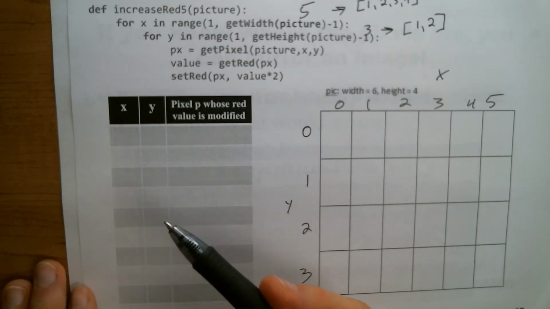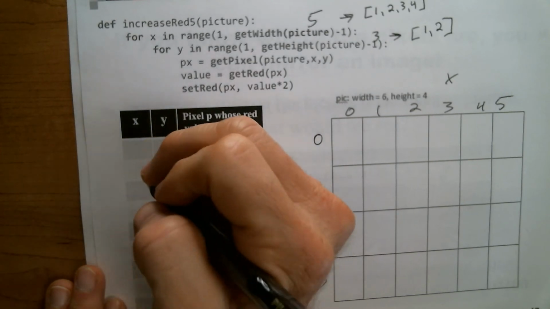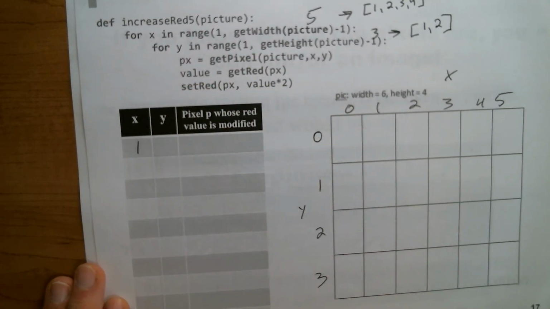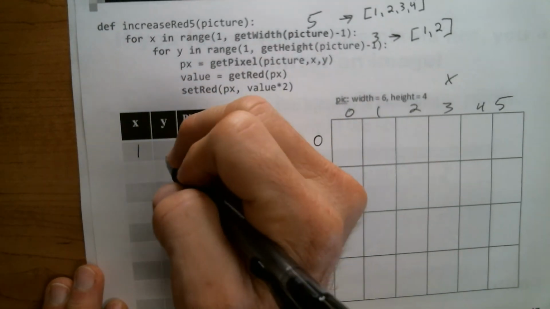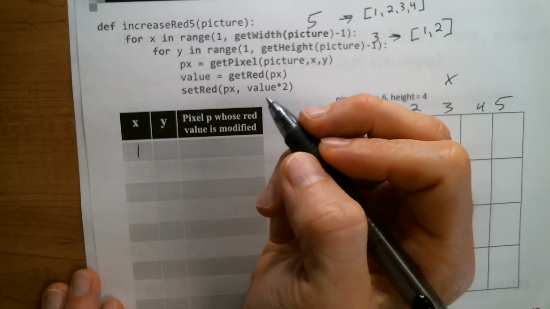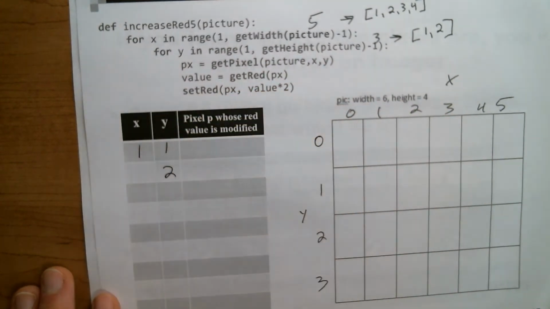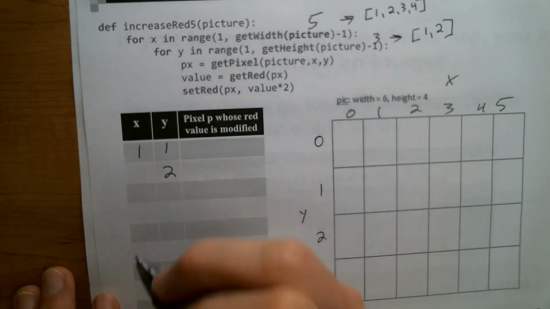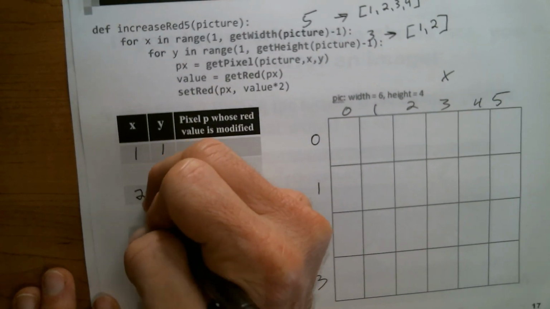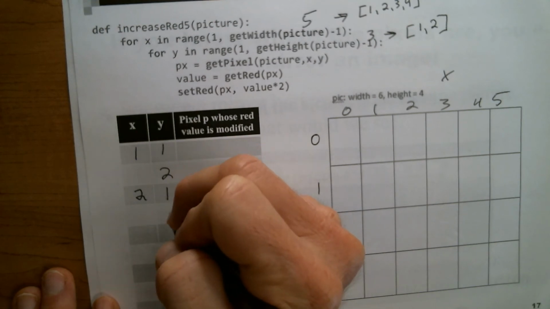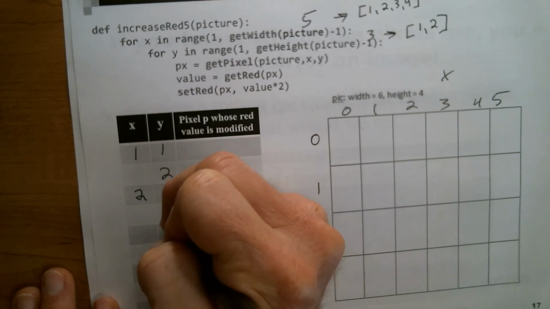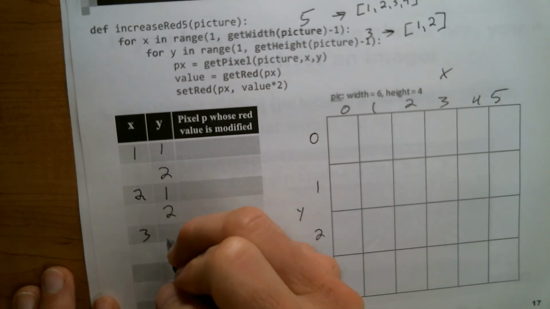The second thing we have to pay attention to is the outer loop versus the inner loop. The X is our outer loop, so it starts at 1. And then the Y loop has to finish before we change the X. So Y will go from 1 to 2. Then the X can change and become 2. The Y gets reset and goes from 1 to 2. The X goes up.